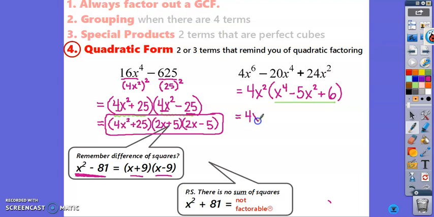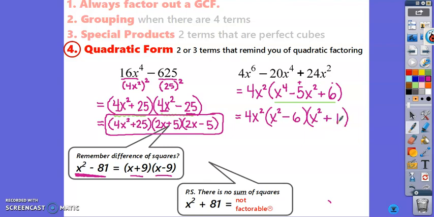The 4x squared is just going to hang there. But I feel like I could factor this using that reverse FOIL idea. What times what makes x to the 4th? x squared and x squared. And then what multiplies to make 6 and adds to make negative 5? What if I did a minus 6 and a plus 1?